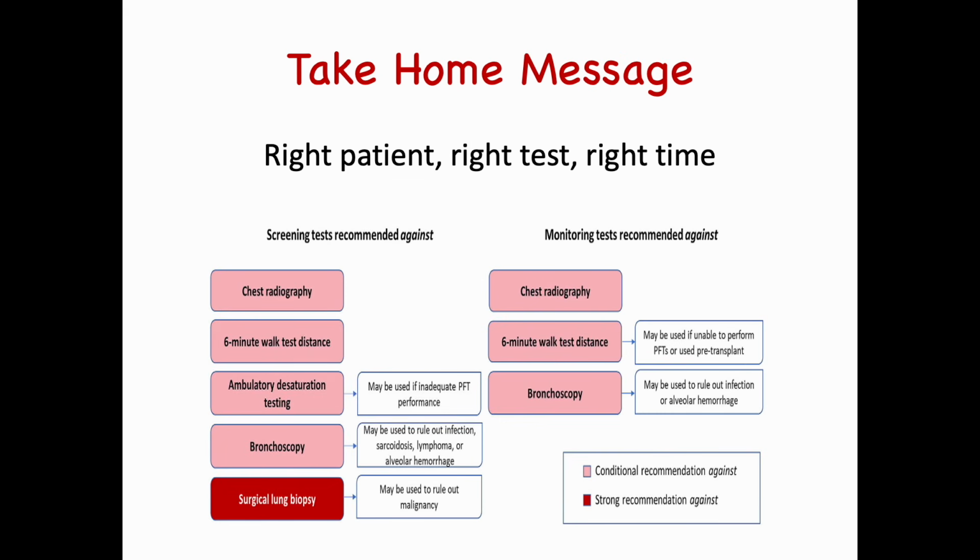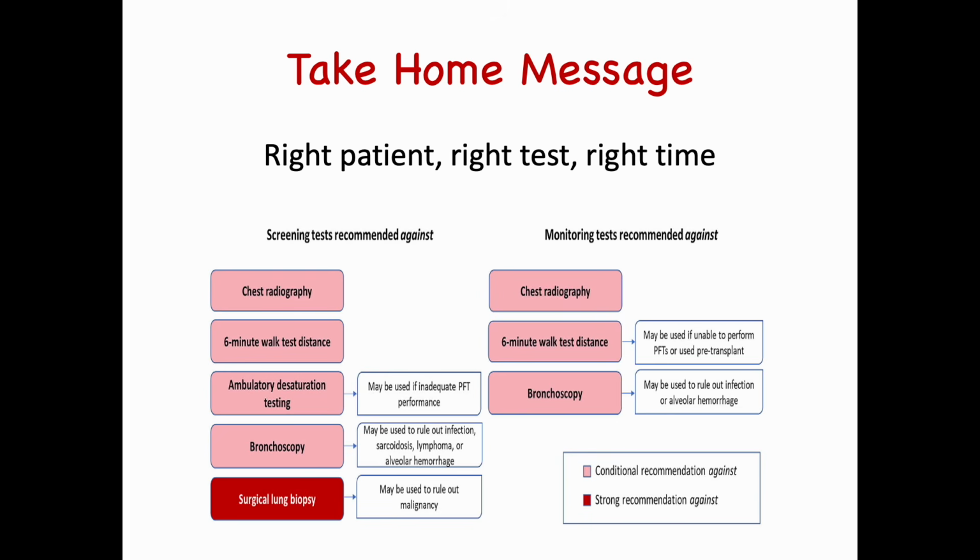With that, let's summarize the screening and the monitoring recommendations. It's important to remember we need the right patient for the right test at the right time. Do you use chest radiography, 6-minute walk, ambulatory desaturation testing, bronchoscopy, or surgical lung biopsy for screening?